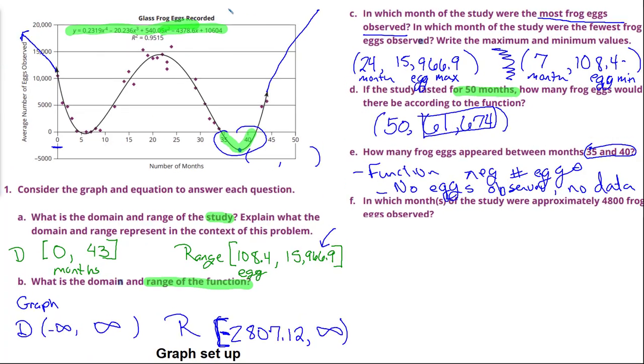So when in the study did we see approximately 4,800 eggs observed? Based upon my graph, it should be about 4 times, right? How can I figure it out based upon the graph?